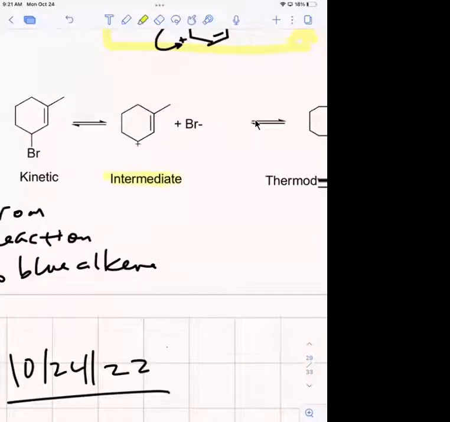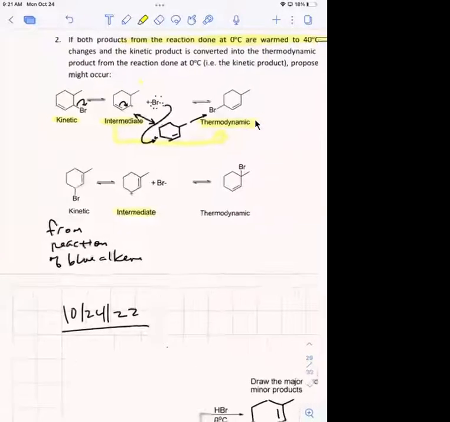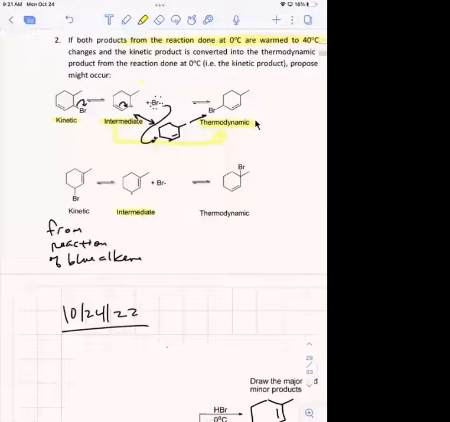So let's say I set this reaction up, I go to lunch, and before I leave, I pack it down with ice. If I'm running it at 0, I pack it down with ice, and then I take a long lunch. By the time I come back, it's a little bit above room temperature. How do I show the kinetic product going back to the intermediate, and then the intermediate going to that 1,4 product?